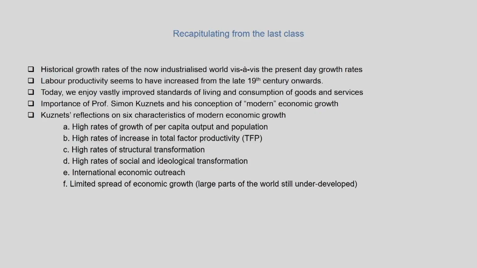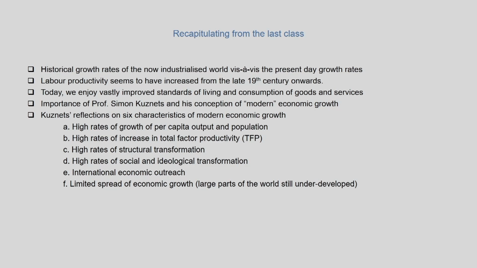He was also referring to the very high rates of structural transformation observed in the highly industrialized nations of the world, and here he was referring to the change in the labor force participation in various sectors of the economy. For example, there has been a large section of population that had moved away from agriculture to industry. Urbanization had taken place in all of these countries.